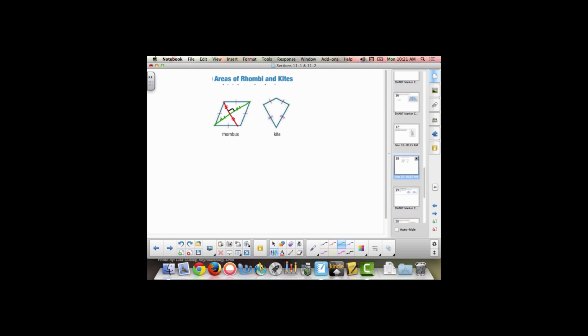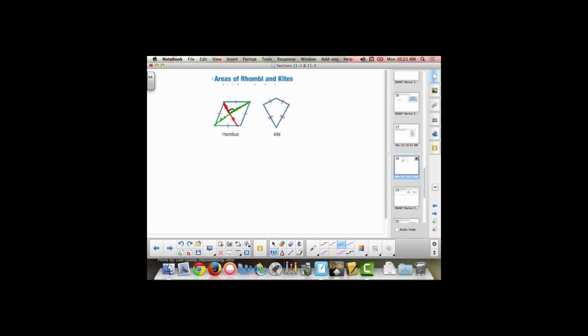Now if you remember from the activity we did earlier, the area of a triangle is 1/2 the base times the height. So the area of each of these triangles is 1/2, half of a diagonal on the red part, and half of a diagonal on the green part.